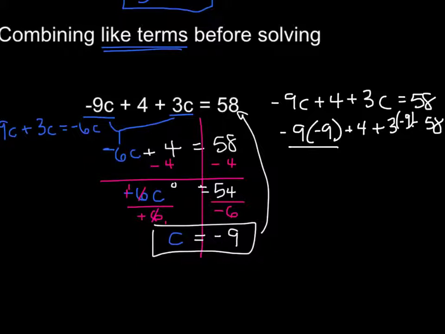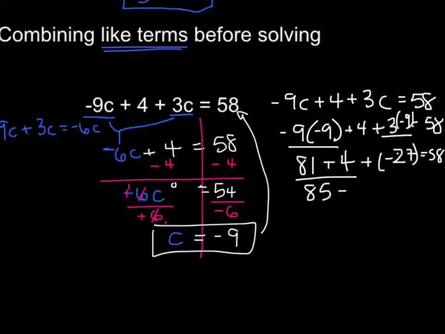Negative 9 times negative 9 is a positive 81 plus 4, and then this multiplication here we can do is negative 27 is equal to 58. I'm running out of room. So 81 plus 4 is 85 plus a negative 27 equals 58.